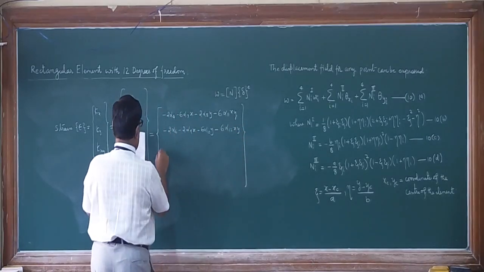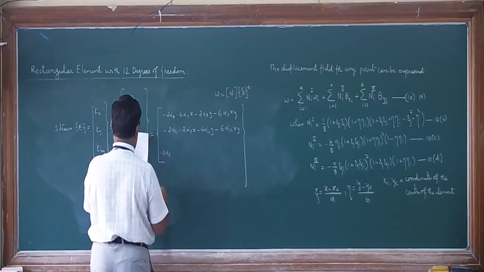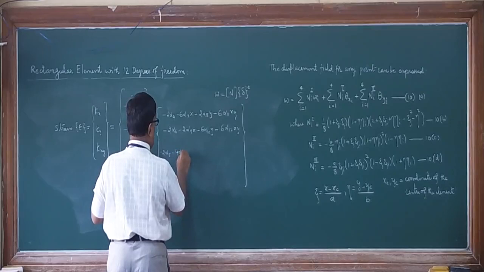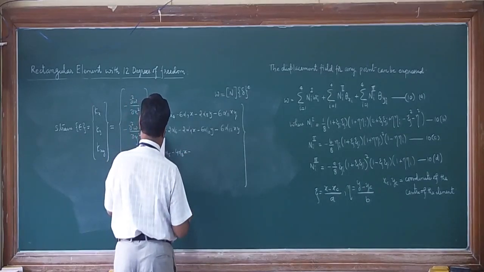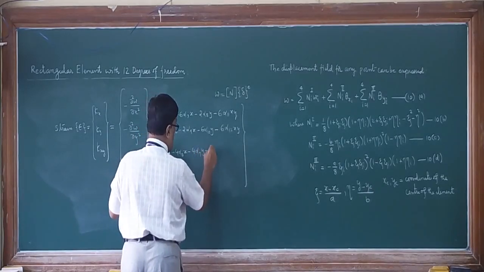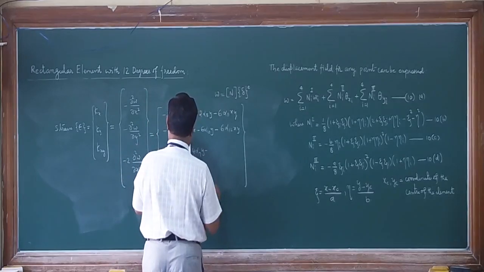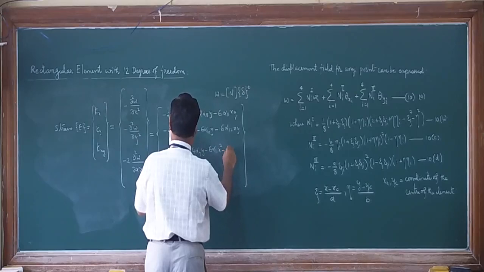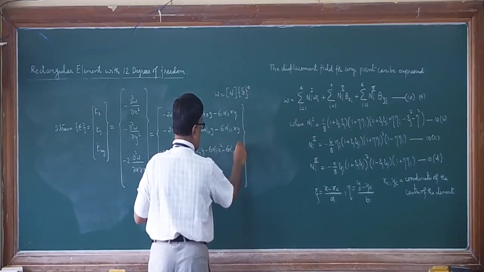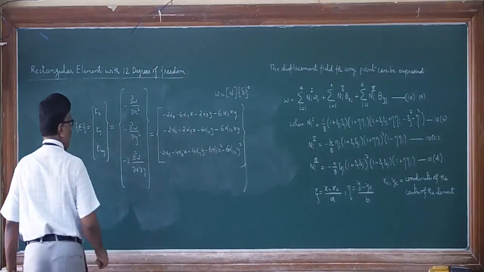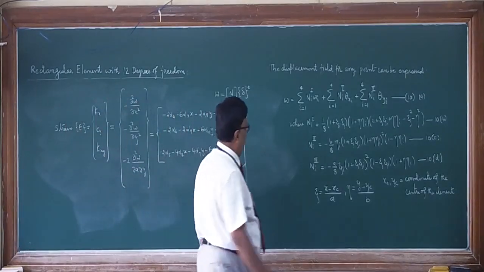Lastly, minus 2 alpha 5 minus 4 alpha 8 x minus 4 alpha 9 y minus 6 alpha 11 x square minus 6 alpha 12 y square. Okay, so these are the strain components, expressed in this particular fashion.